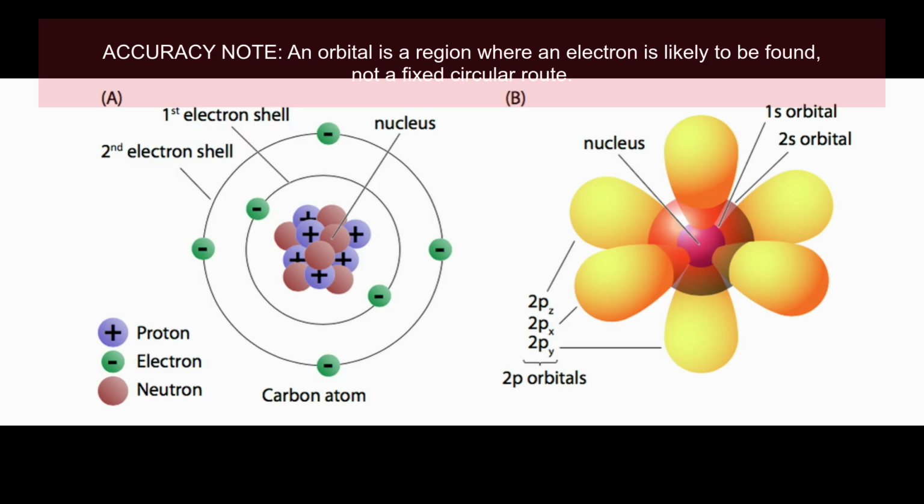So now we describe the electron by giving the shell in number and the orbit in letter. And to begin with, we fill the first shell first, then we go to the second, then we go to the third.